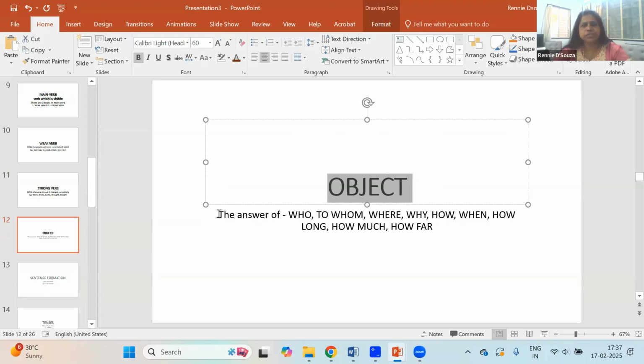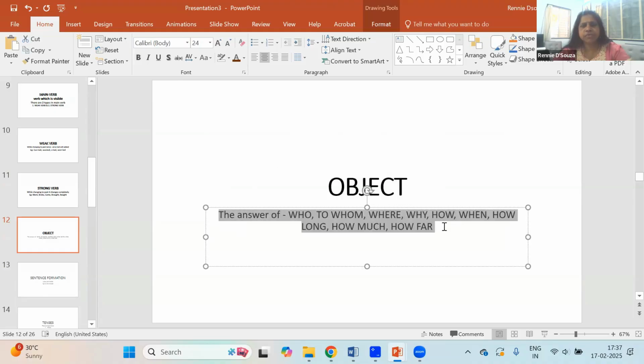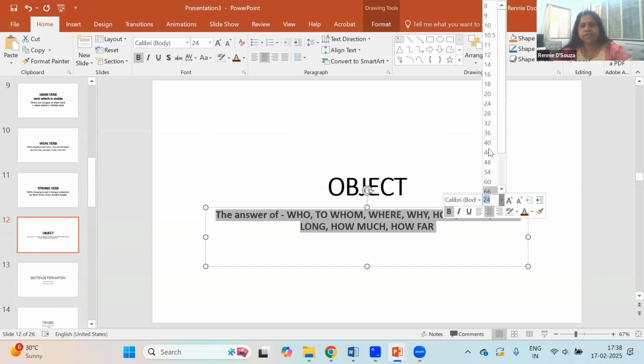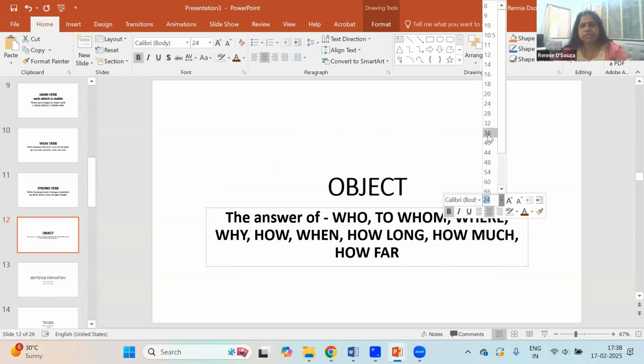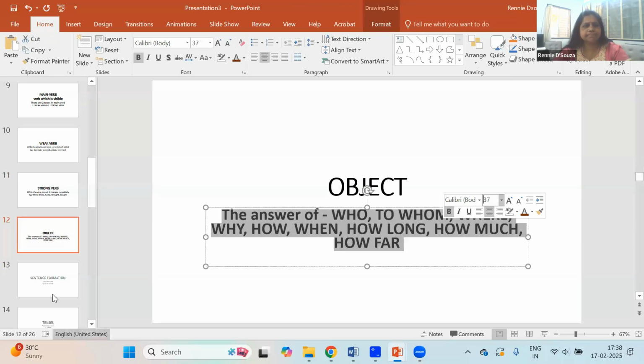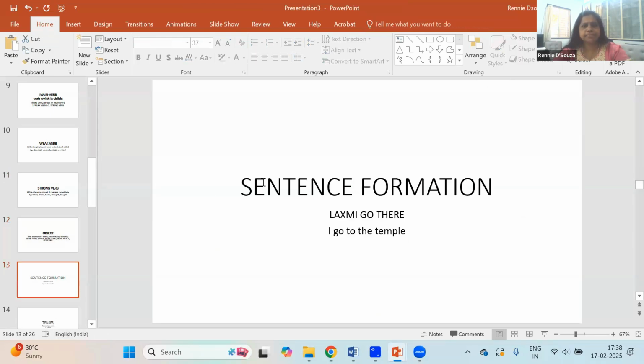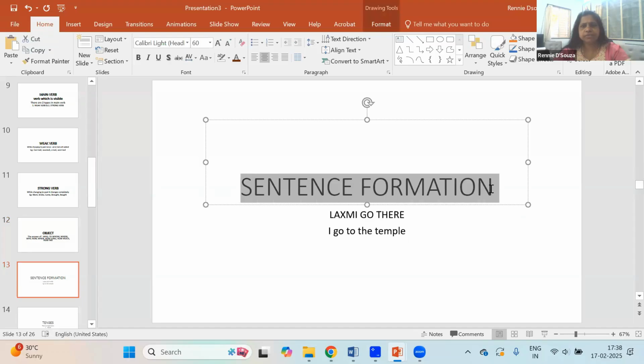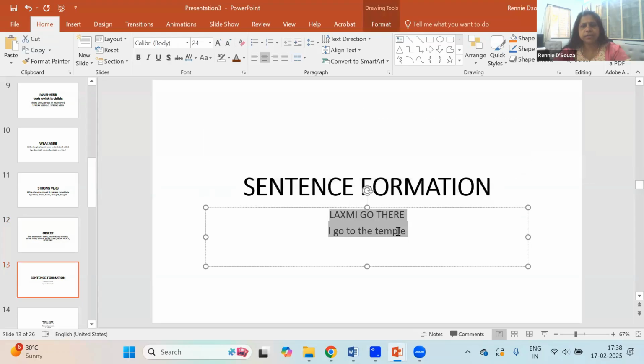Now let us see the third and final part of a sentence, that is called the object. Now what is an object? We have seen that the answers to questions like who, to whom, where, why, how long, how much, how far, all this will be answered in the third part. So dear friends, we have seen sentence formation.